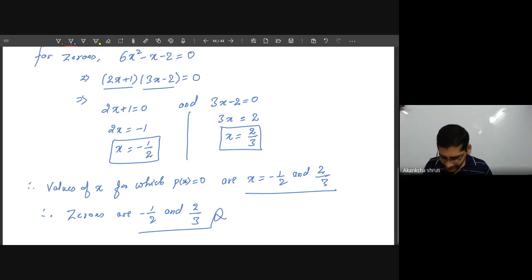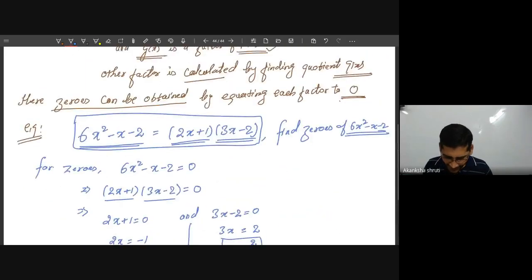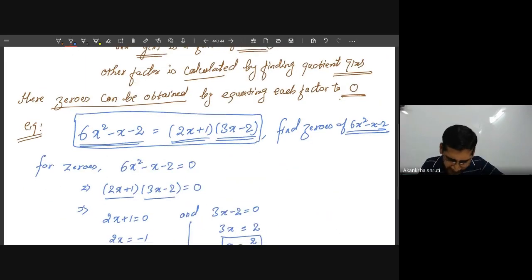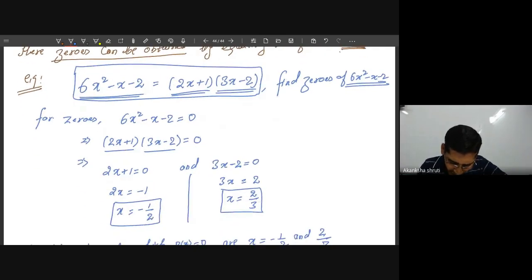Student, here we have converted 6x square minus x minus 2 as the product of 2x plus 1 and 3x minus 2 by the division method, where one of the polynomials, 2x plus 1, was given.